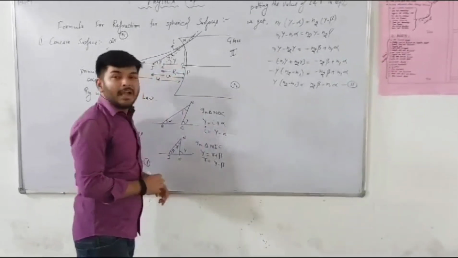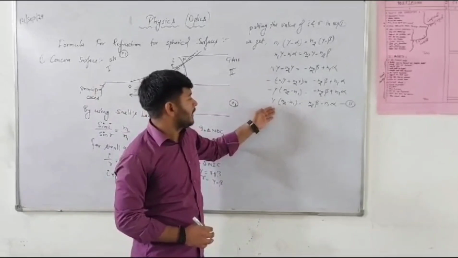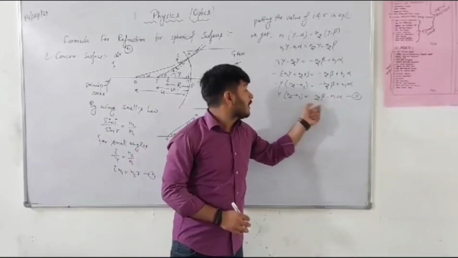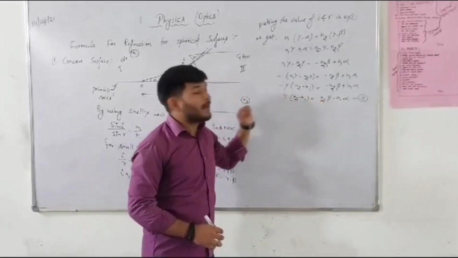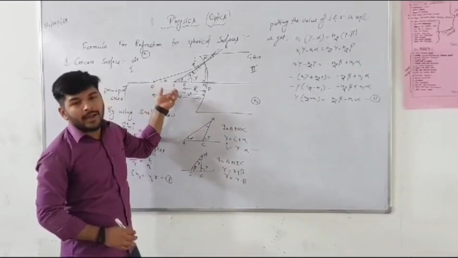So we have got the second equation, which is gamma into N2 minus N1 equals N2 beta minus N1 alpha. Here, alpha, beta, gamma are the angles formed at the object, image, and center.